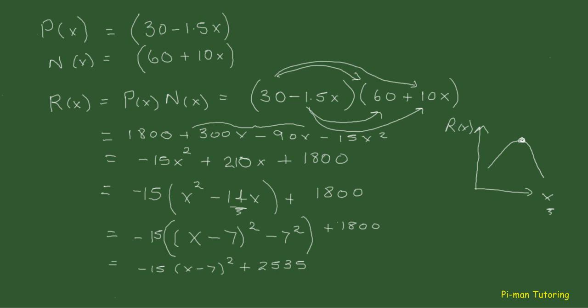as my vertex form. So my h value is equal to 7. Remember, this is x minus h, and so therefore h is 7. So I know that the peak occurs when x equals 7, and my k value, which is my actual maximum revenue in this case, is going to be $2535 up here on the graph.